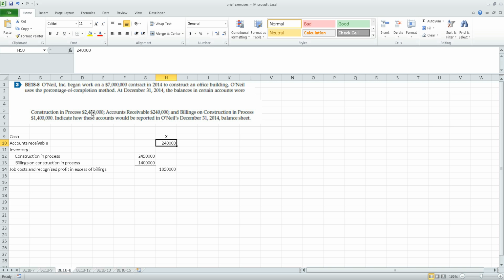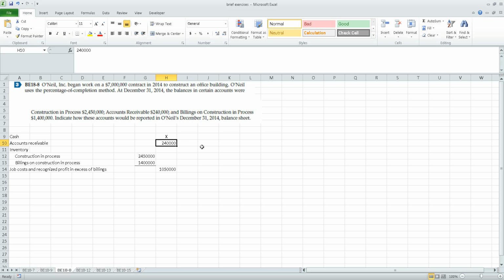That is akin to the inventory account for a company involved in long-term construction contracts. The billings on construction in process account is a contra inventory account. Since it's a contra account, its normal balance is a credit balance.